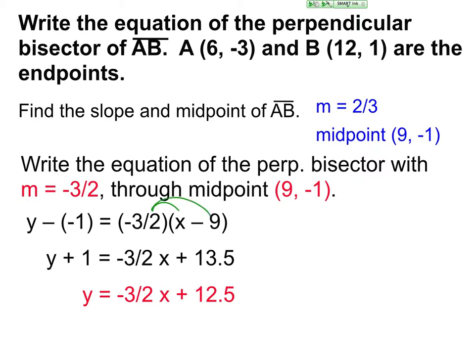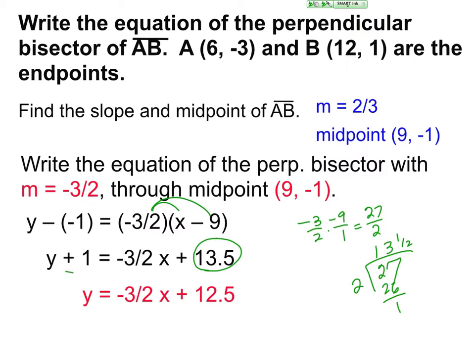I distributed -3/2 times -9 over 1, would be positive 27 over 2. 27 divided by 2 should be 13 and a half. So that's where this number came from. Then I subtracted 1 to get the 12.5. Thumbs up or down?